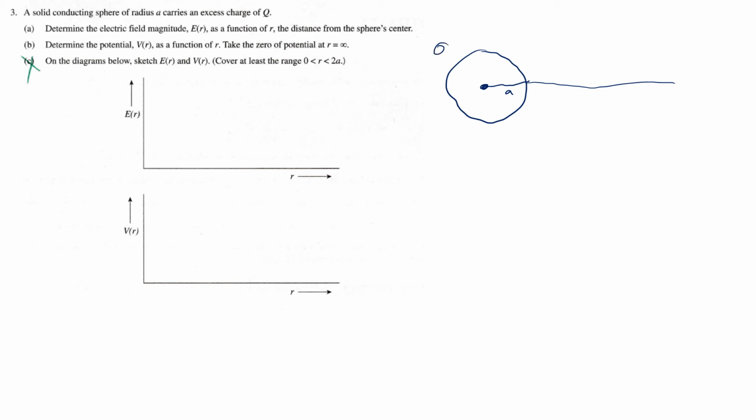Now there's a charge of Q on here, right? Now what that means is that we are going to figure out what's the electric field at each point, all right? At the center of the circle, you've got 0. The reason why it's 0 is because let's pretend it's positive.